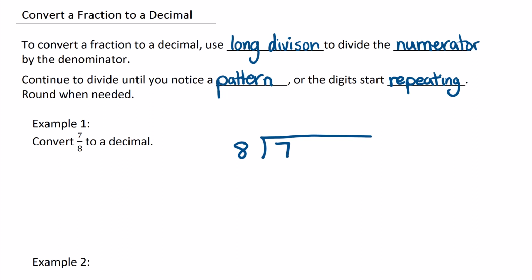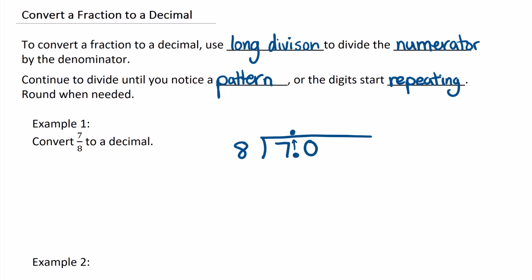Since I can't fit 8 items in 7 items, 7 is smaller than 8, we need to introduce a decimal and another place value. 8 will go into 70, so we can think of this as 70. Disregard the decimal in your calculations, but do put that decimal in the quotient. So this way you can keep track of where your decimals go.